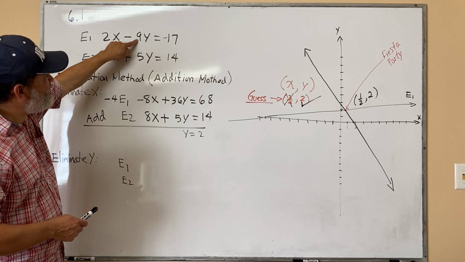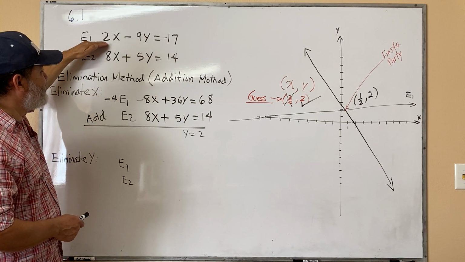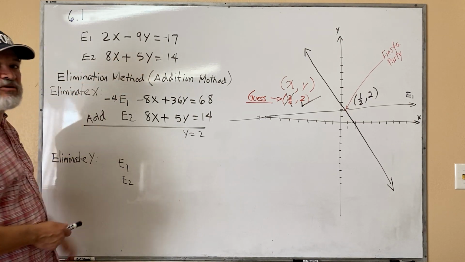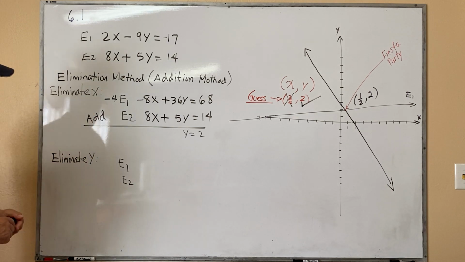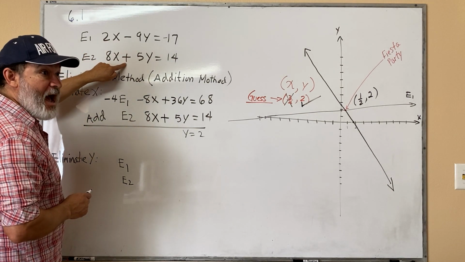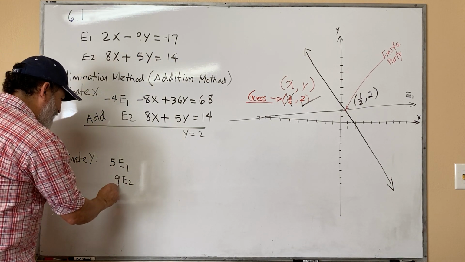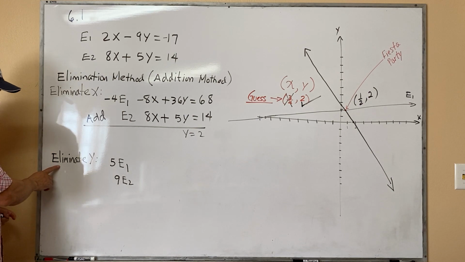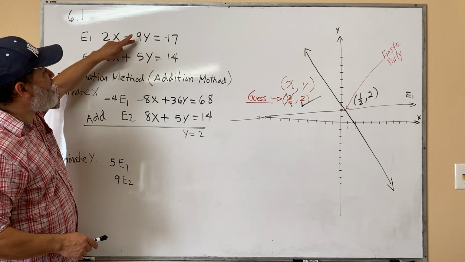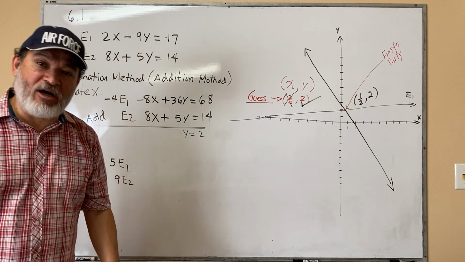I'll multiply this by 5, the entire equation, and I'll multiply this by 9, the entire equation. Okay? So note, the signs are already opposite. So multiply this by 5 and this by 9. Why? Because I want to eliminate y, and they need to be opposite so that when they add, they cancel each other.